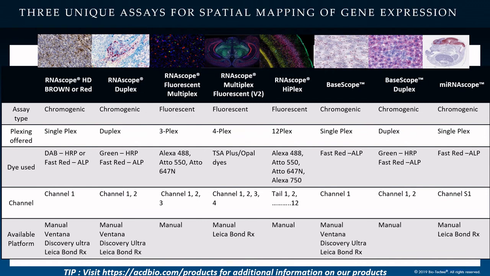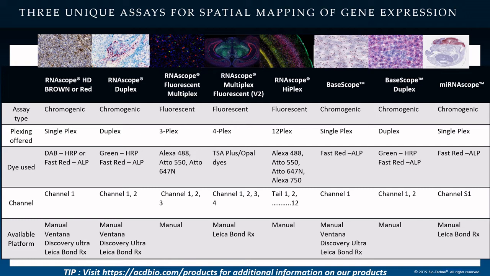This is the broad product portfolio that falls under the RNAscope technology. As I talked about earlier, you have the RNAscope chromogenic, which can be used either as a red or brown or a duplex assay. You have the multiplex fluorescent that allows you to look at up to 4 targets simultaneously. Or you have the new RNAscope HiPlex that allows up to 12 targets simultaneously.